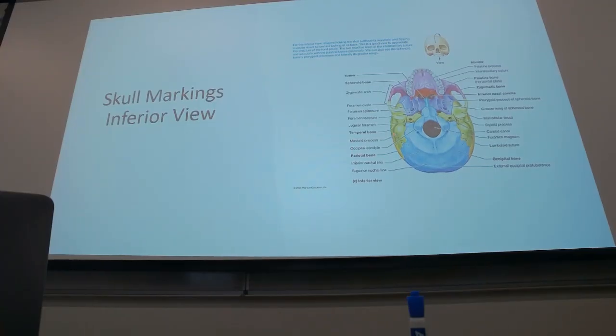Now, what features can you see in this bone here laterally and medially, which is the temporal? So this is what we call the petrous portion of the temporal bone. And then in this petrous portion, something that you can see just anterior to this occipital bone, it's a jagged foramen.